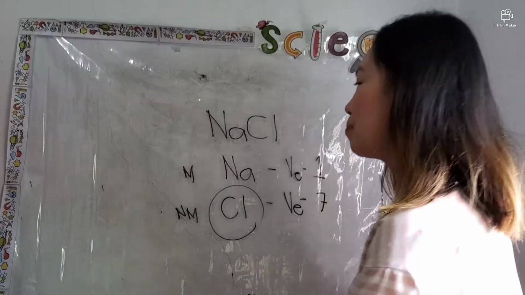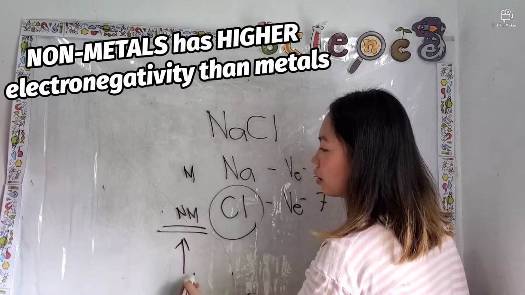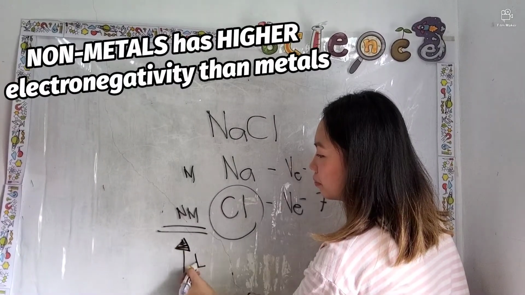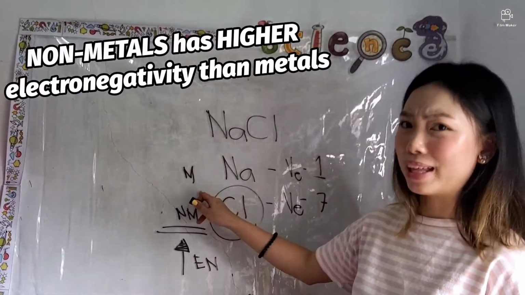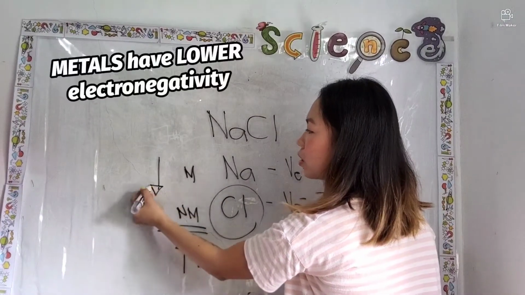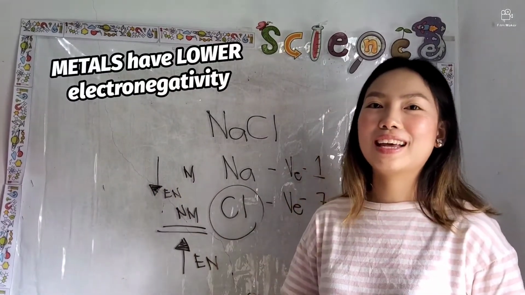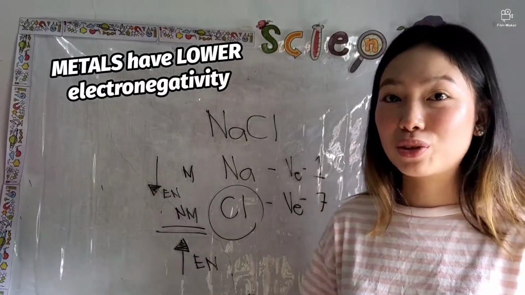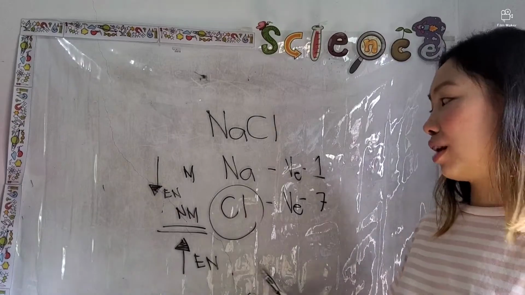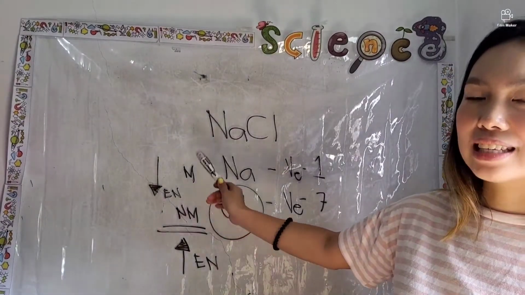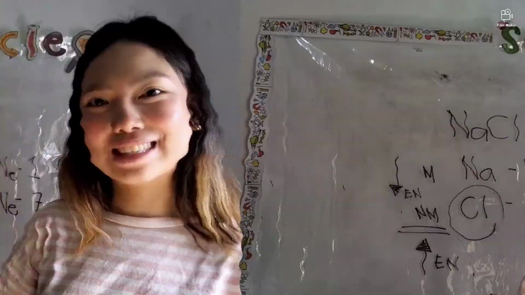Okay, so non-metals have higher electronegativity and metals have lower electronegativity. You always take note that non-metals have higher tendency to attract and metals have the lower tendency to attract electrons.